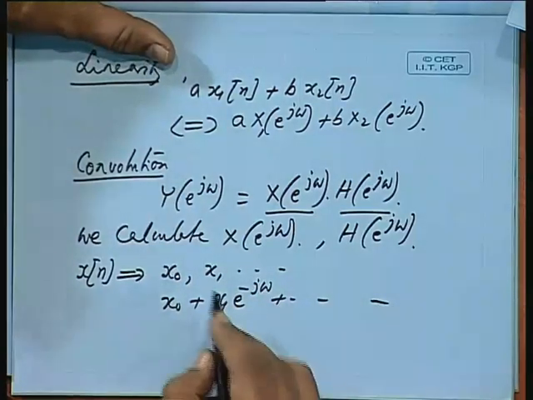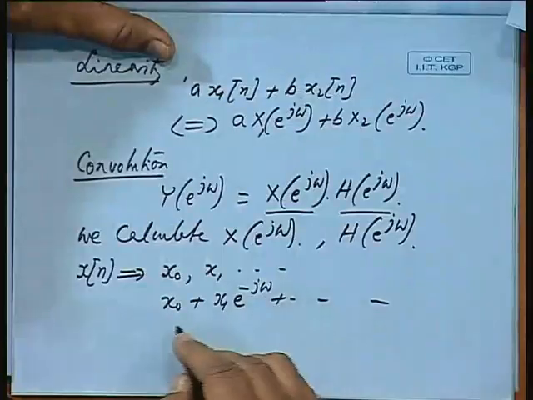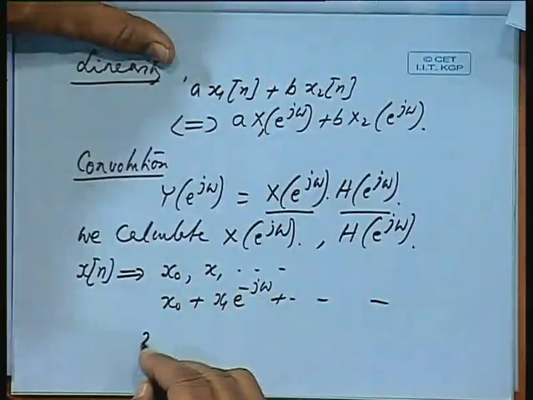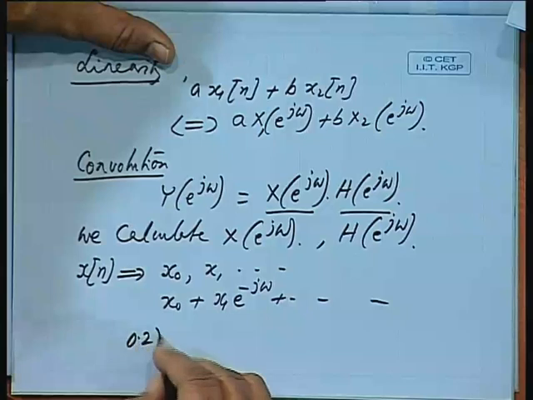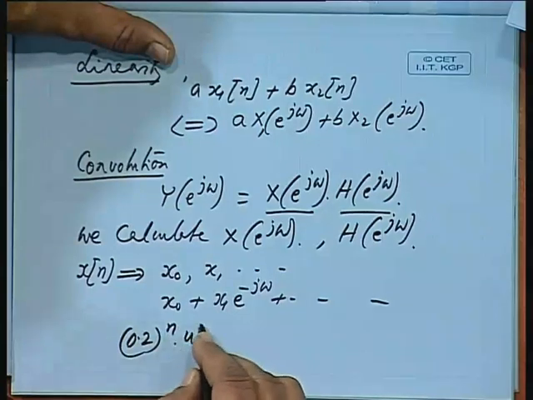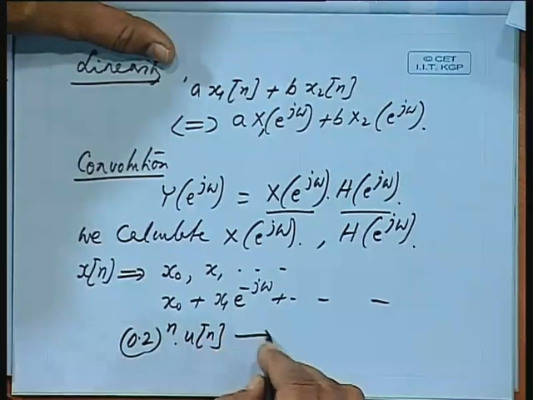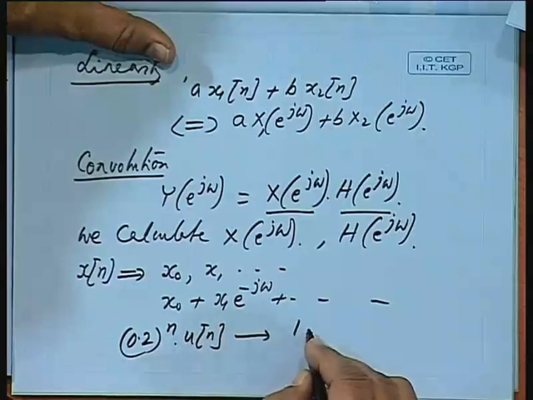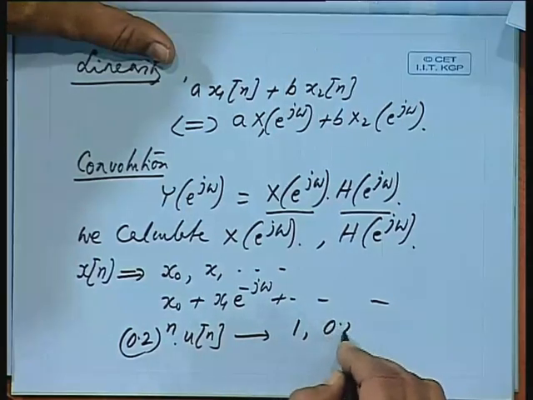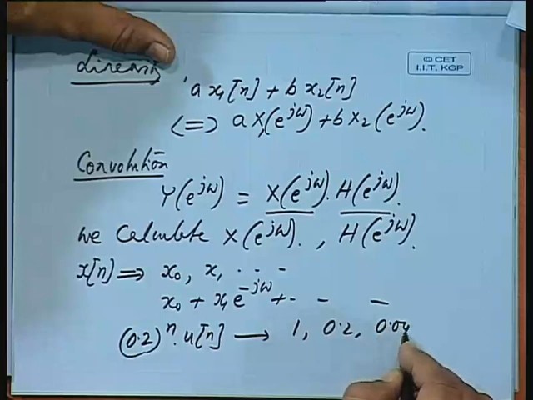If it is a mathematical description that is given, and if you can find the convergence, if you can reduce it to a closed form, say like if the sequence is 0.2 to the power n u[n], then you know the sequence is 1, 0.2, 0.04 and so on.